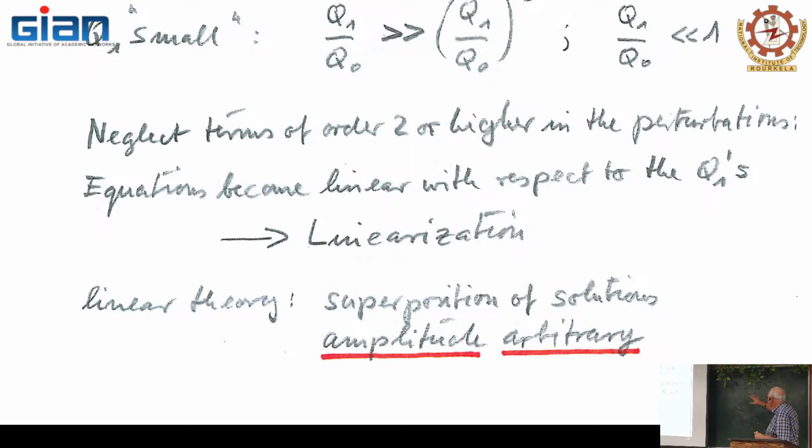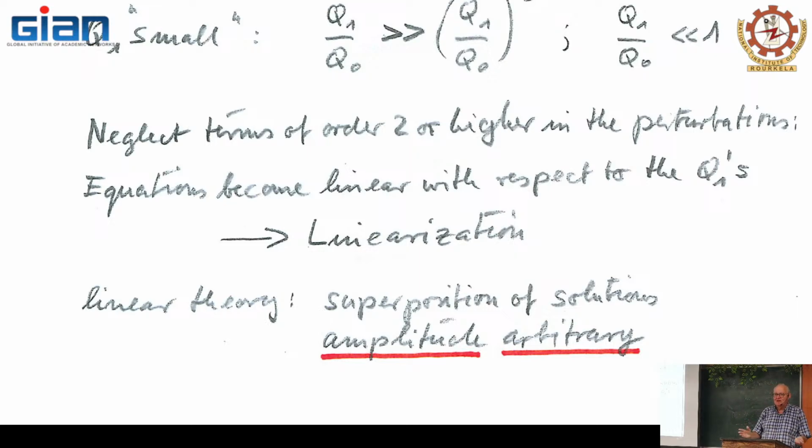Well, we obtain homogeneous linear equations for our perturbations P1 and R1. Once we multiply such linear equations with an arbitrary factor, what happens? If we have a solution in terms of P1 and R1, and we multiply them by a constant factor, then they will also be a solution of the problem.